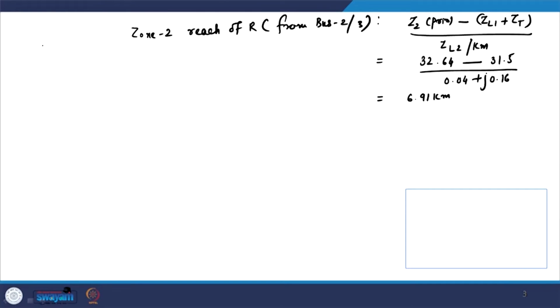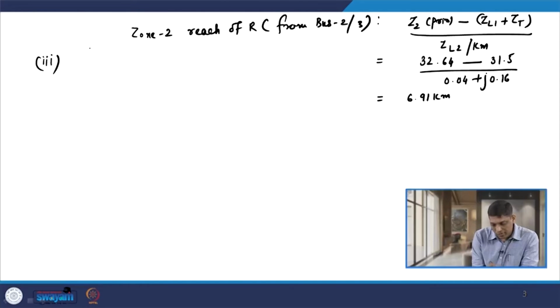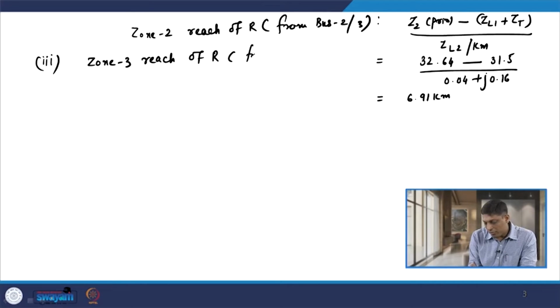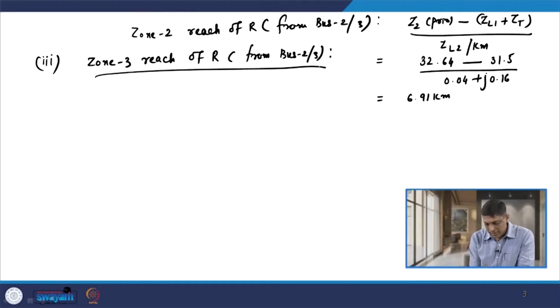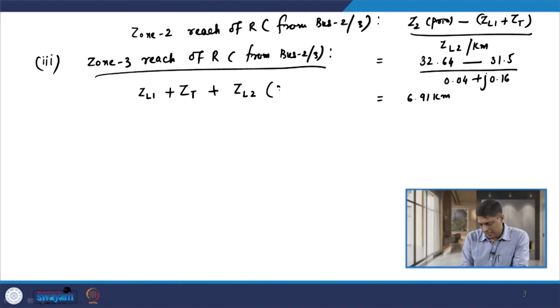Let us start the third point, that is zone 3 reach of relay R from bus 2 or 3, right. For this, let us consider ZL1 plus ZT, plus additionally we need to consider ZL2 referred to the 220 kV side, right. So, that we need to calculate.